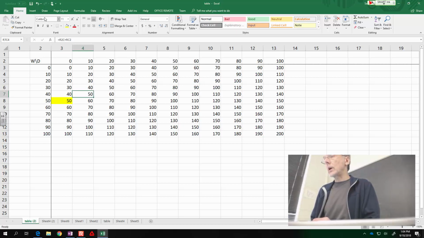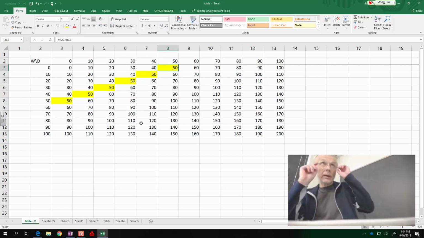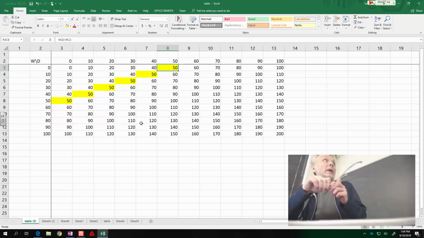These are the ones that add up to 50. And they happen to be a straight line, so once again, this is an example of a linear relation. And we just manually added them up one by one to indicate which add up to 50.